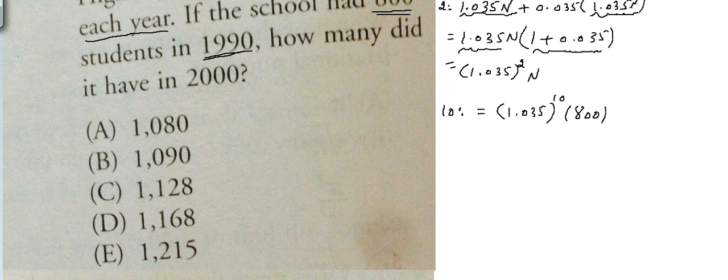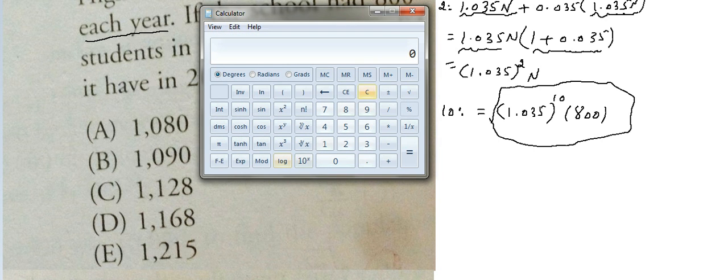So I made a formula. We should know how to make a formula like this to find the correct answer. The answer is 1.035 to the power 10 times 800, which equals 1128.something.